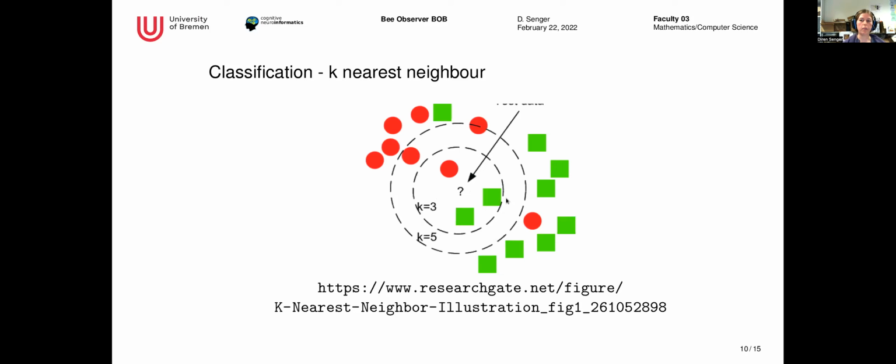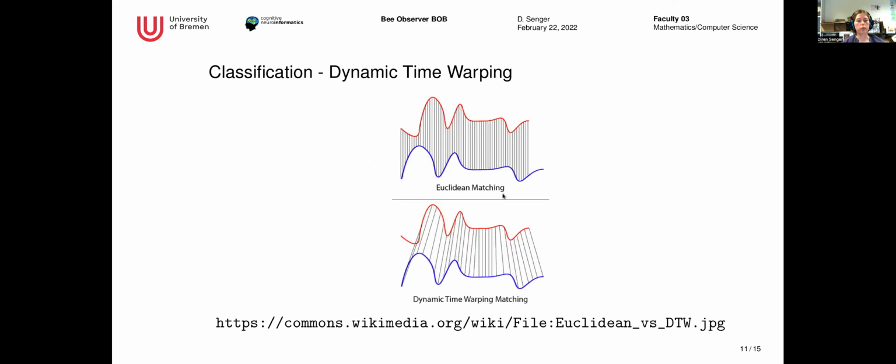We do the same with the sensor data from our bee colonies. The distance measure we use for that is called dynamic time warping. So we are not using Euclidean matching, where we would look at 2 exactly same time points, but basically we try to match the peaks in the different sensor data.